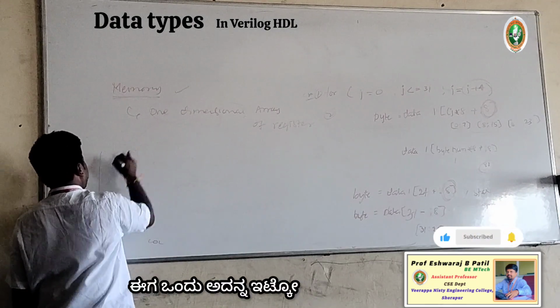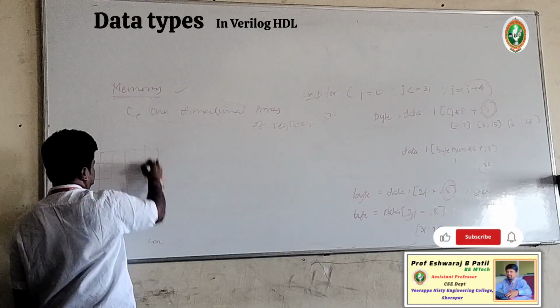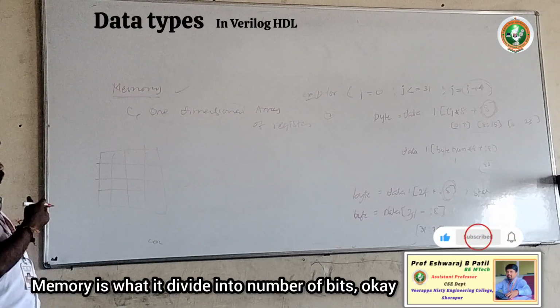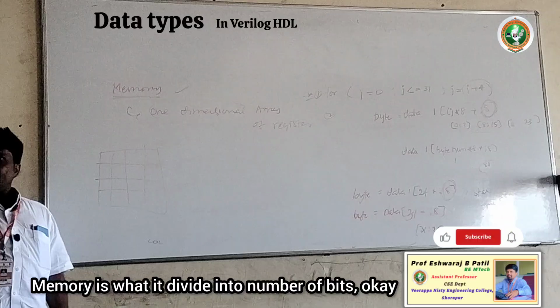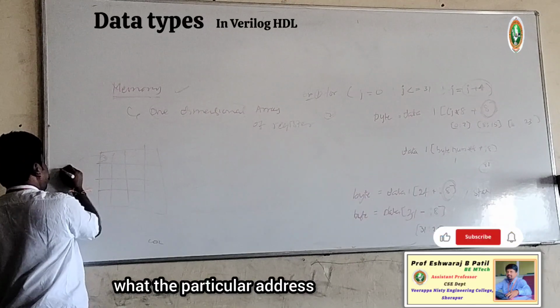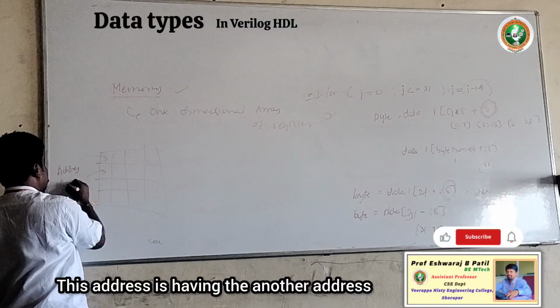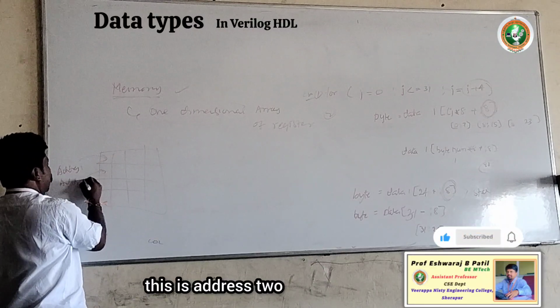Now suppose this is a memory. The memory is divided into a number of address spaces, and each address space has a particular address. This is address 1, this is address 2.